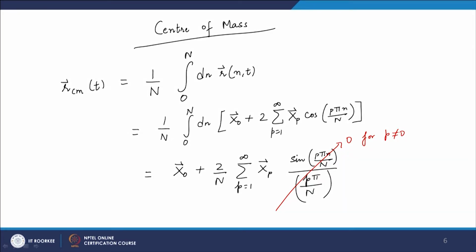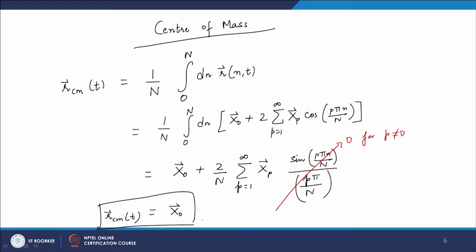So, what I get from here is my center of mass simply is the 0th Rouse mode. So, the center of mass refers to the 0th Rouse mode of the system. So, without even solving for all the Rouse modes, even if I get the 0th Rouse mode, that already has a meaning to it. It tells me about the center of mass of the polymer chain.